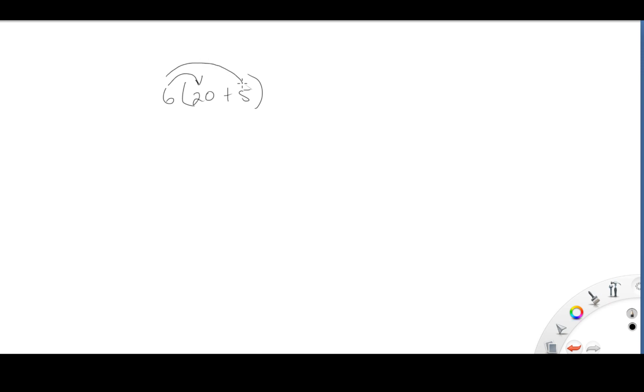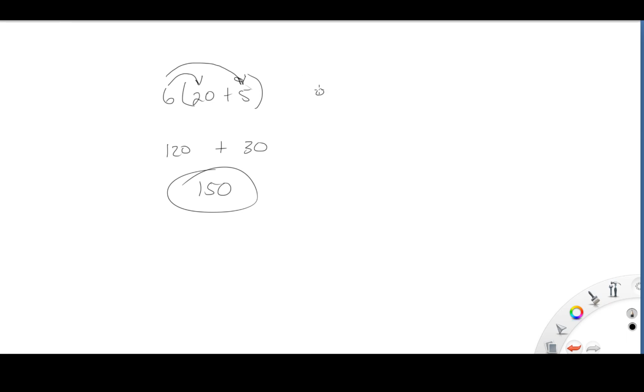Algebra will teach us that we're going to multiply this 6, and it applies to both of them. So 6 times 20 is 120. 6 times 5 is 30. So really it's 150 as a total.